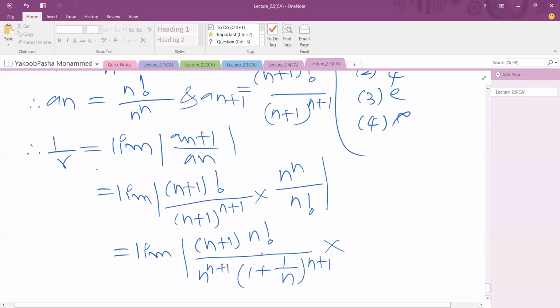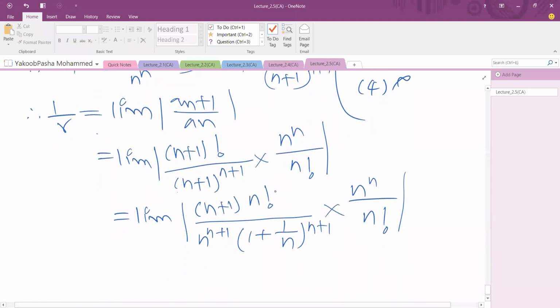We take n common. The n factorial cancels, and n power n cancels with one n in the denominator. Remaining, we can take n common in the numerator, n of (1 plus 1 by n).